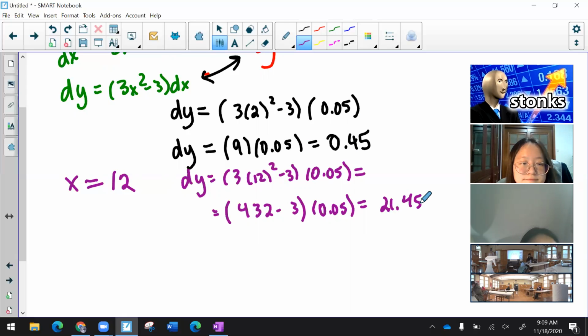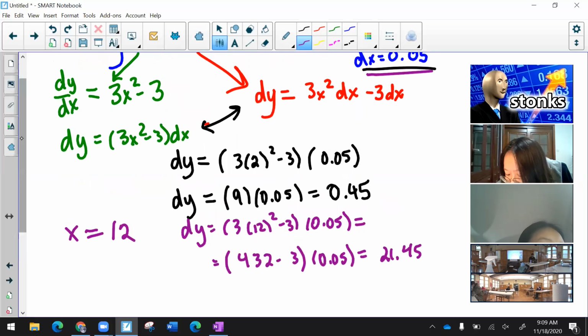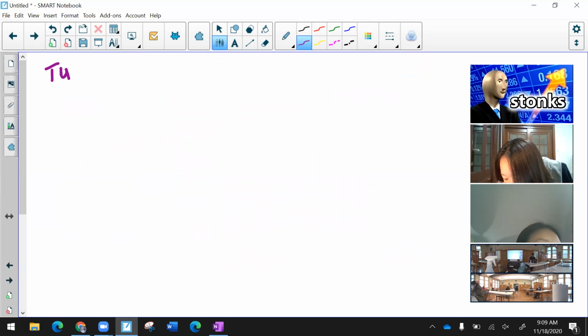One of the things that differentials is useful for is looking at types of change or error.